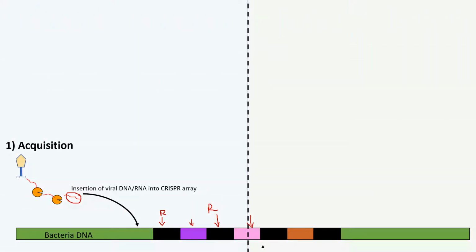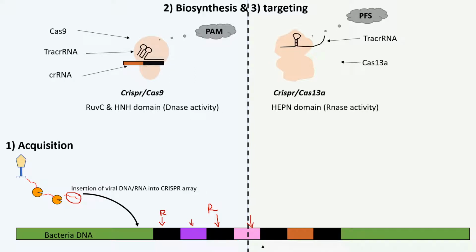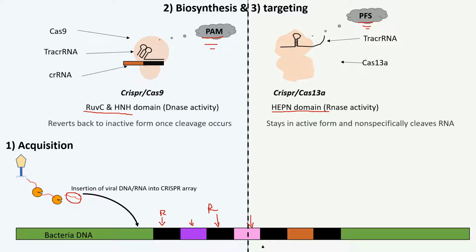If we break it apart and look at Cas9 versus Cas13a, Cas9 is looking for a PAM, and Cas13a is looking for a PFS region. And the biggest difference is the domains. Cas13a has a HEPN domain to cut RNA, whereas Cas9 has RuvC and HNH domains to cut DNA.